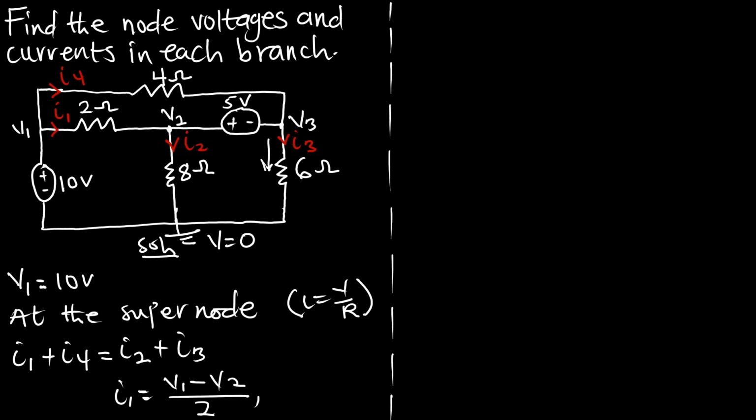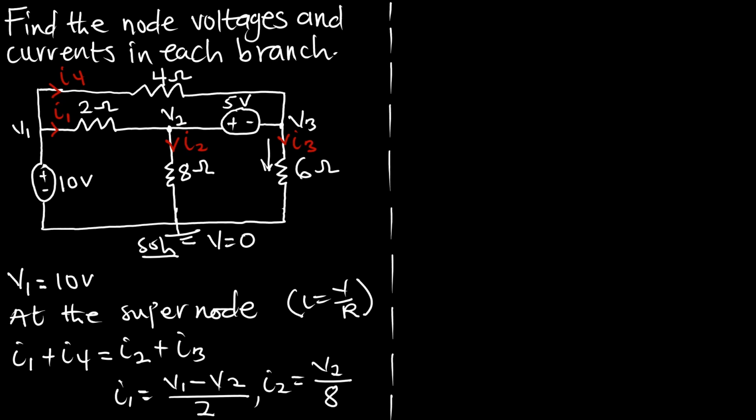Now we look at I2. So I2 is between V2 and the reference. So that is V2 minus 0, which is the same as V2, passing through the resistor 8. We've already talked about much of this in the previous episode.